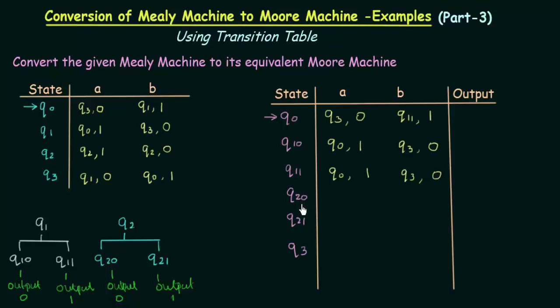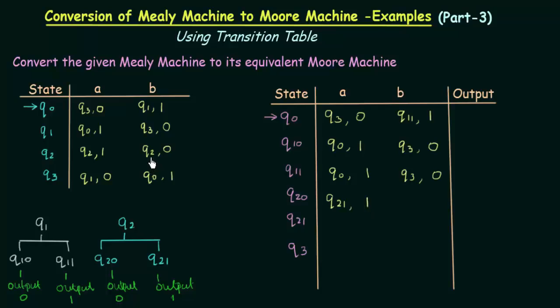Now come to state Q20. State Q20 can be checked using this row of state Q2. So Q2 on input A goes to Q2 giving output 1. But we see that Q2 was split into two states, and which is the Q2 that gives output 1? It is Q21. So I will write Q21 here because I want the output 1.